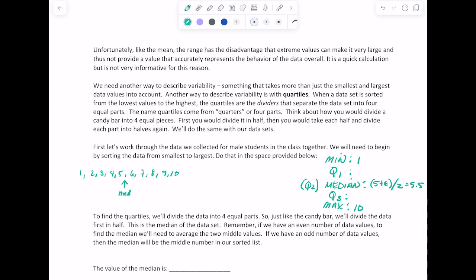It's the median of the first portion of the data. So I'm going to look from 1 to 5, and I'm basically just going to find the median there. And the middle number there is 3. So that's my first quartile. And for the third quartile, it's the median of the second half of the data. So the middle number from 6 to 10 would be 8. And 8 is my third quartile.